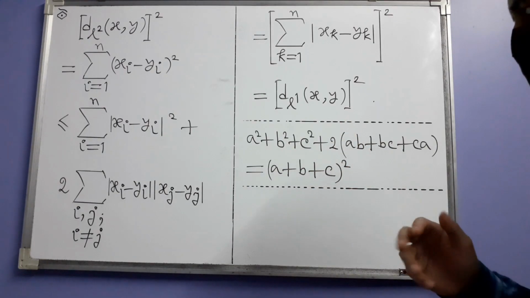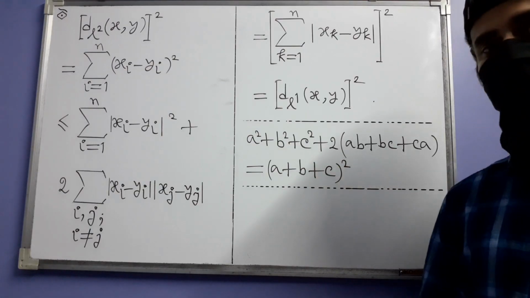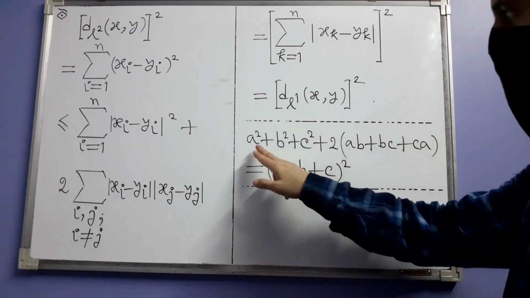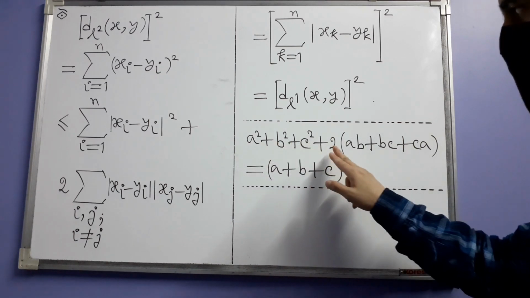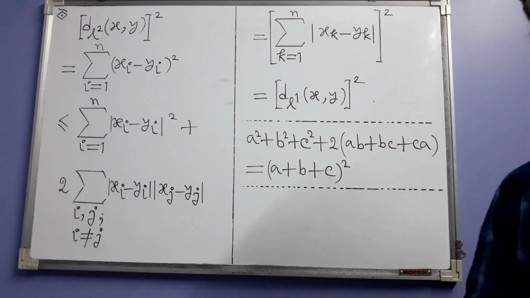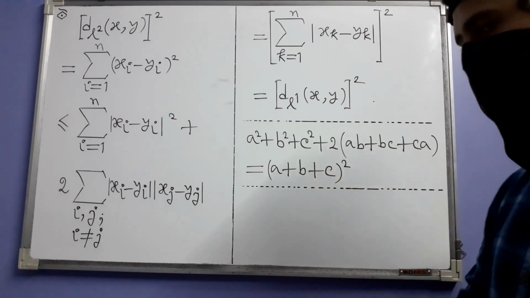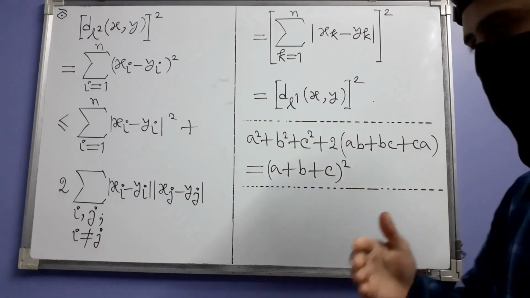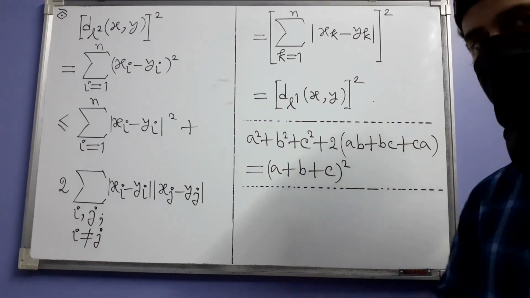But then after some time we also encounter this identity that a plus b plus c whole square equals a square plus b square plus c square plus 2 times ab plus bc plus ca. And this identity is true in general, where you may have any finitely many terms in the sum.